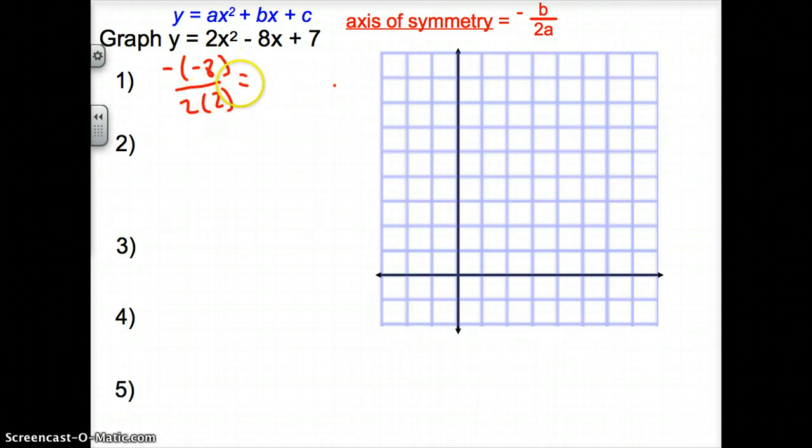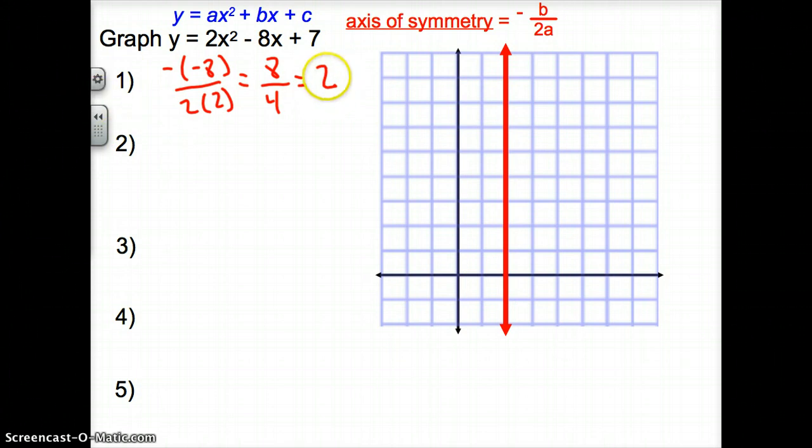Now remember, a negative and a negative make a positive, so it's 8 over 4, which simplifies to 2. Now we have our axis of symmetry, so go ahead and put your axis of symmetry at positive 2. A nice straight line at positive 2.